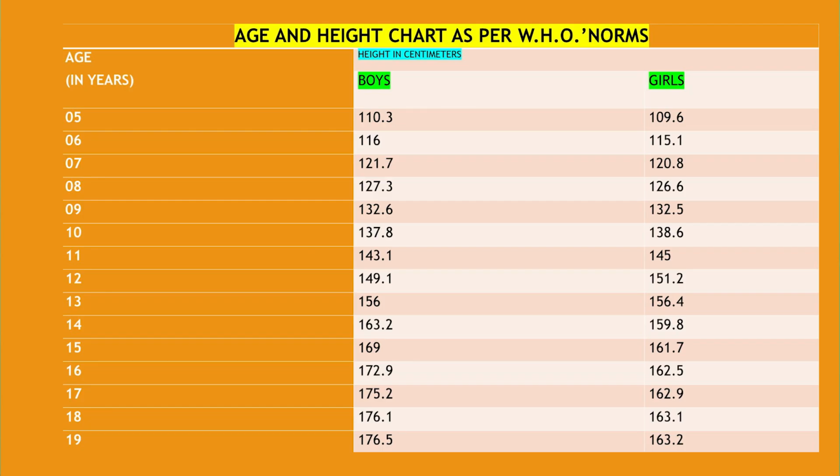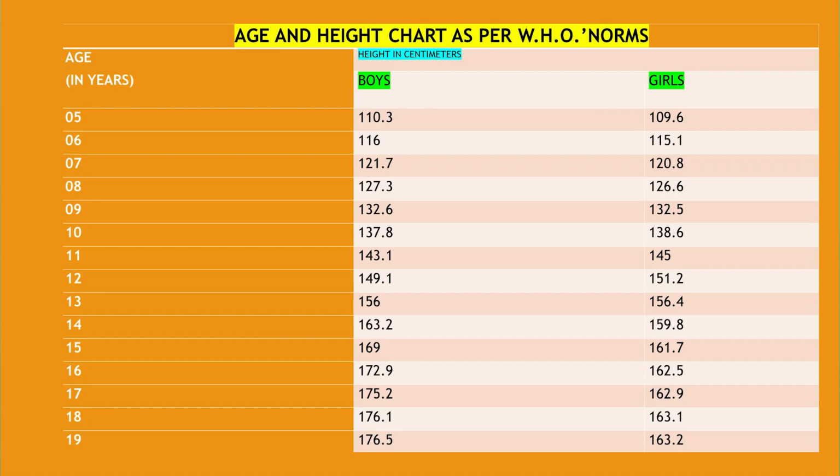or less the same, but if you compare from there onwards up to the age of 19, there is a big difference. Just compare this chart and go through from 15 to 19. At the age of 15, you find the height on average is about 169 centimeters for a boy, whereas it is about 161.7 centimeters for a girl.